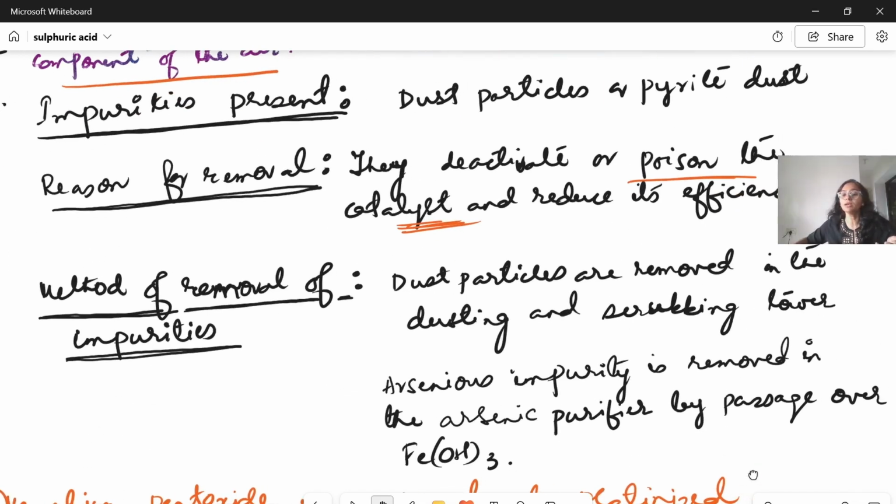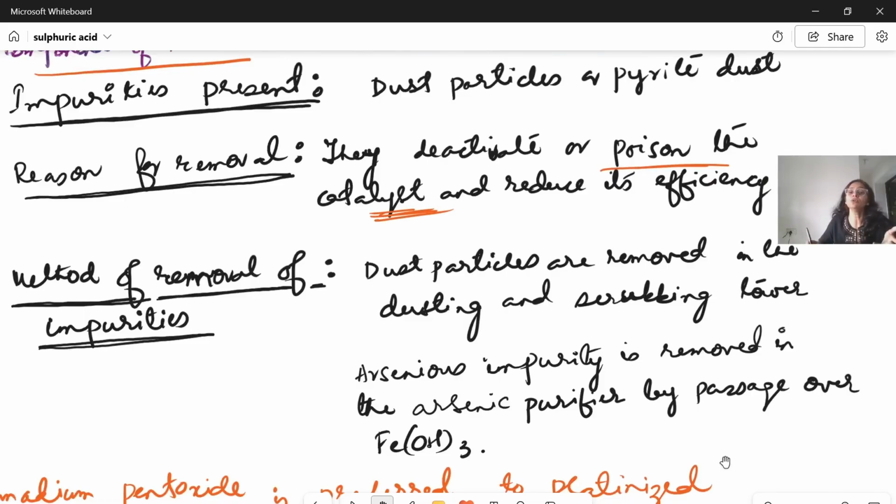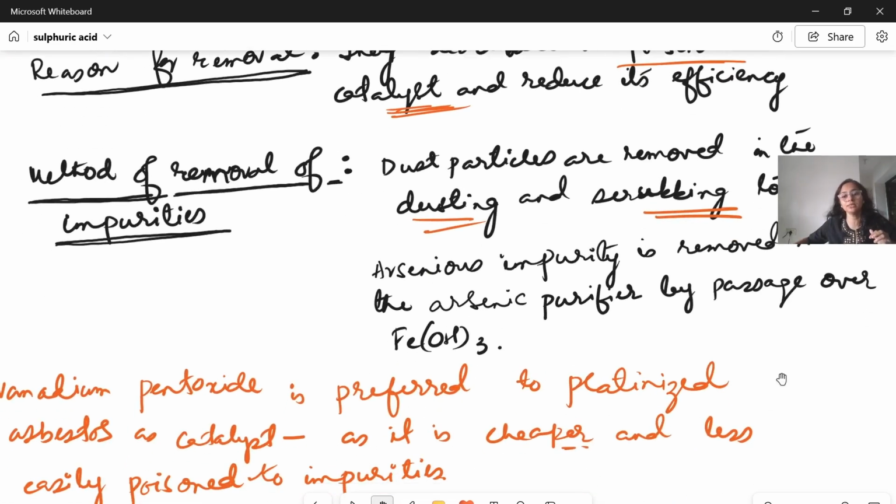We pass the gas through the dusting tower and scrubbing tower we have seen, and the impurities are removed. And for removing arsenic impurity, we pass it through the arsenic purifier, which consists of ferric hydroxide, and arsenic oxide is also removed.